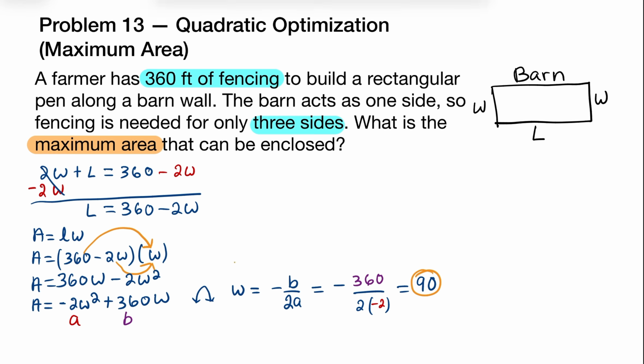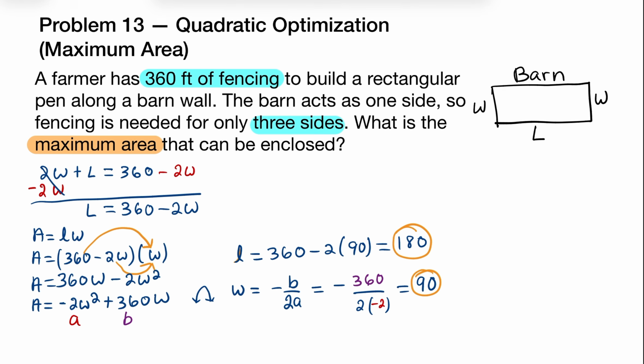So we have L equals 360 minus 2 times W, which is 90. And that equals 180. So as you can see, we found the length and the width.